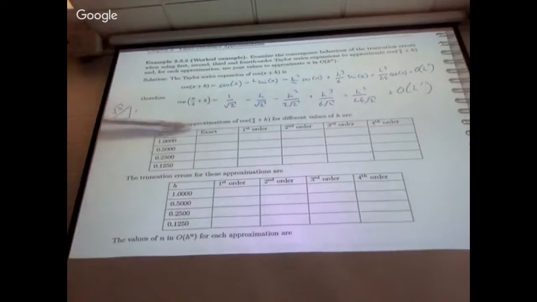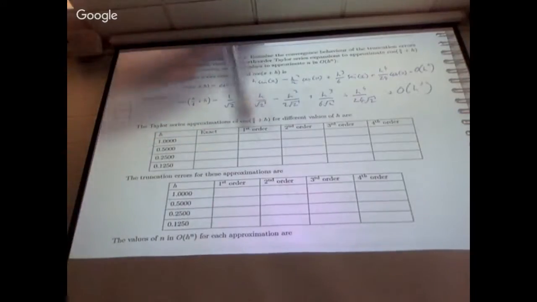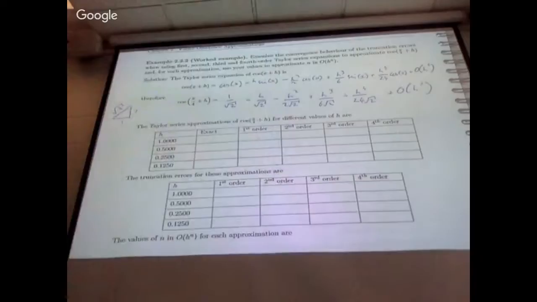Okay, what's the exact? When h is 1, can anybody tell me what cos of pi over 4 plus 1 is? I haven't got a calculator with me, so I'm relying on you guys. Nobody got a calculator? Cos of pi over 4 plus 1?